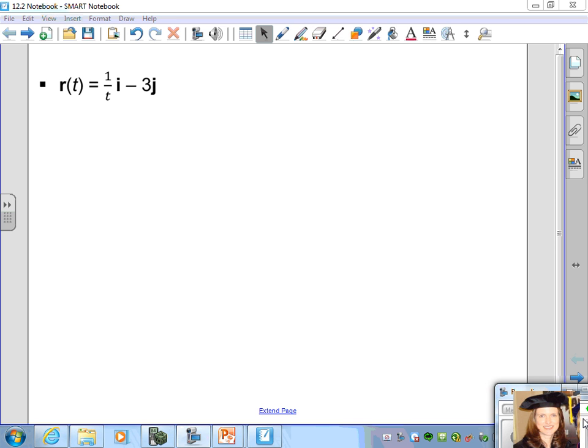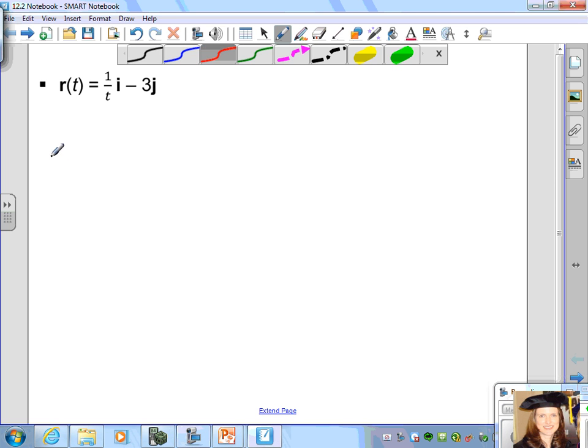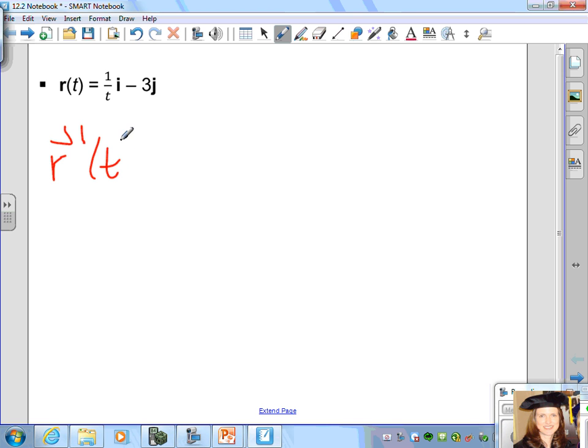To find r prime of t, if we're given r of t equals (1 over t) i minus 3j, we are going to find r prime of t by taking the derivative of each of the components. Now remember that 1 over t is the same thing as t to the negative 1 power. When you use the power rule to find the derivative of t to the negative 1 power, you write negative 1 out in front, and subtract 1 from the power to get the negative 2 power.